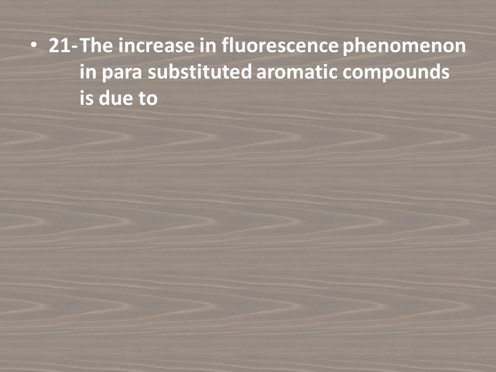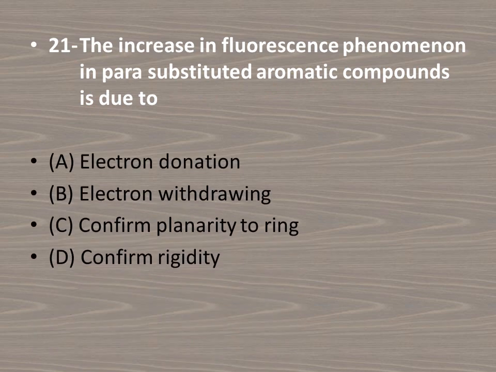And I know that you have a question in your minds that how para substitution increases the fluorescence phenomena in aromatic compounds. So to answer that, here is the next question, and that is question number 21. The increase in fluorescence phenomena in para-substituted aromatic compounds is due to. So let's see the options. A is due to electron donation.